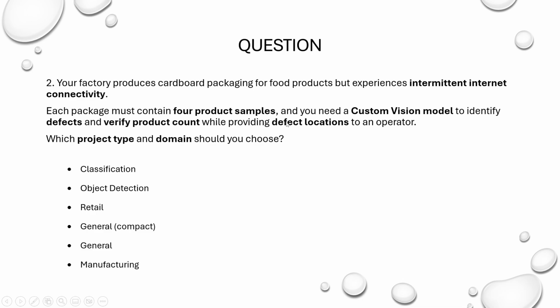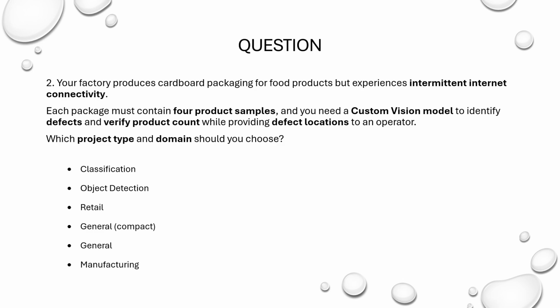We have to get back the coordinates where that defect is present in the given package. So what we need is not a classification model. What we need is object detection to identify the defects, to count how many objects are present in that package and to give back the location of the defect if any defect is present.